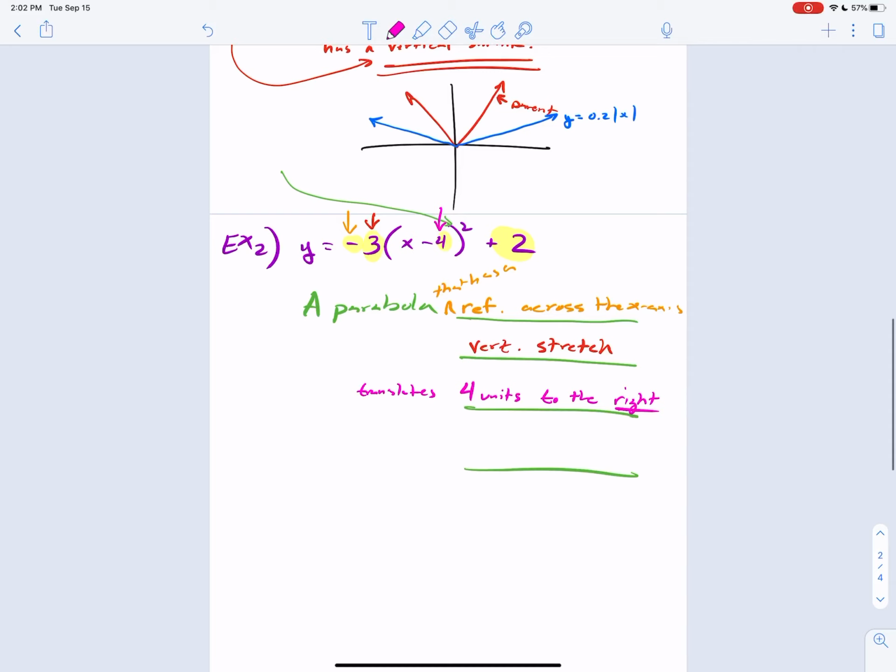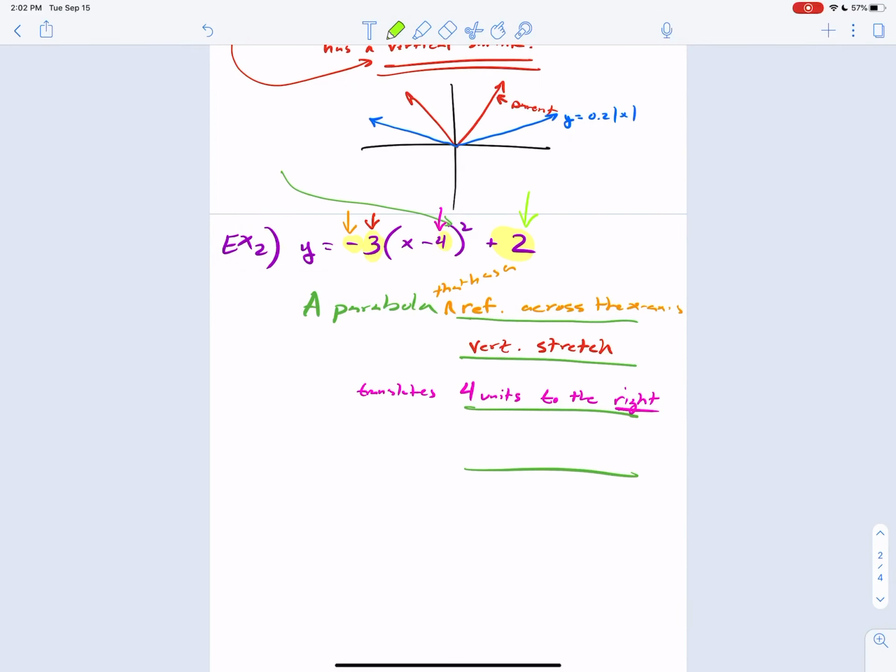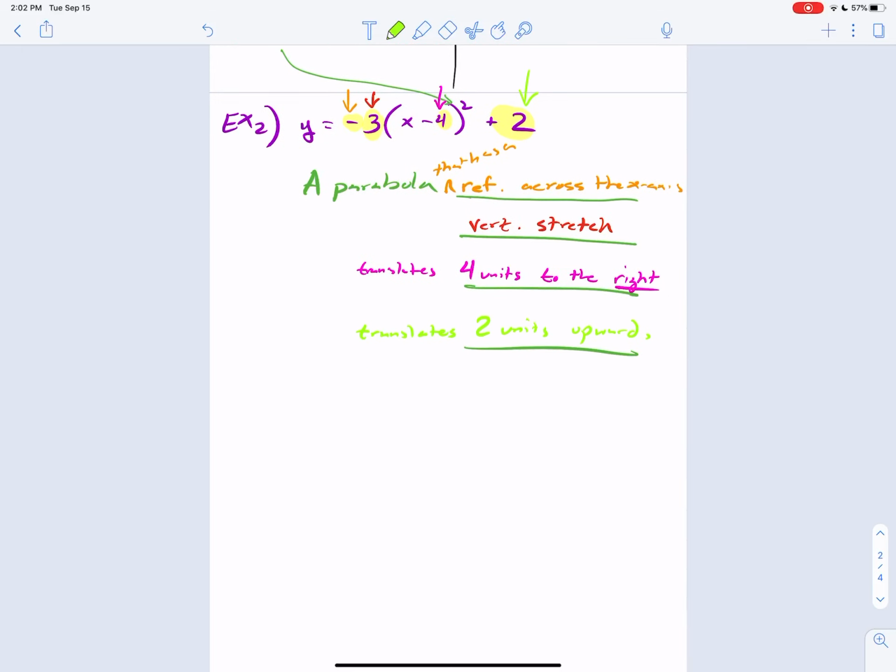And the last one here, plus 2, what does that do? That'll translate 2 units where? Well, since K is positive, we're going to go 2 units upward, or 2 units up. That's how you kind of wrap everything together, you guys.